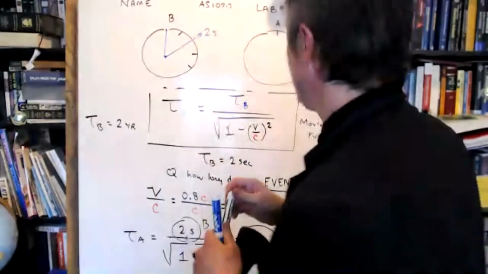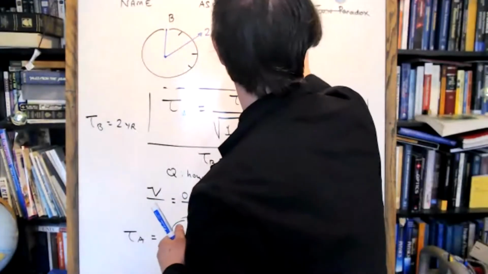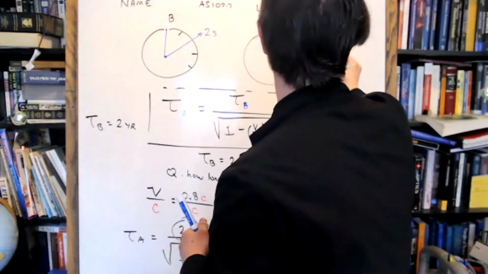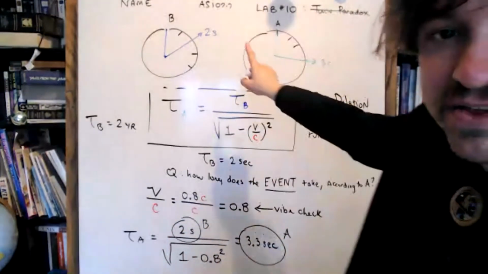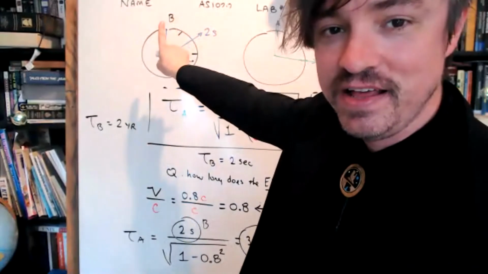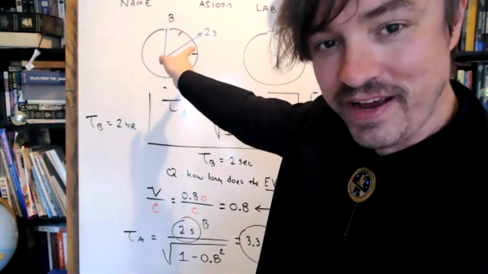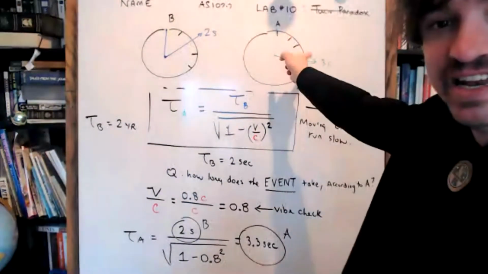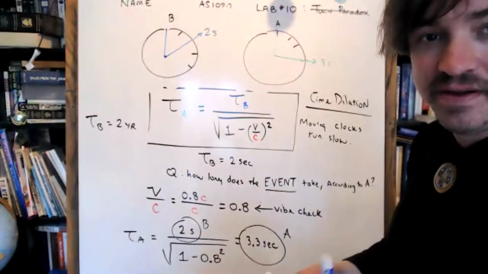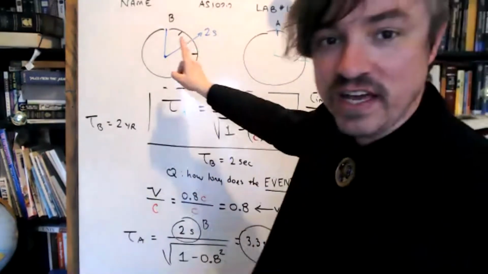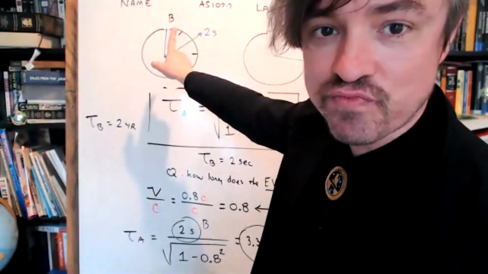Whereas for A's clock, the hand on the clock ran more like 3 seconds. So for the same event, the rate that the needle is twisting is slower in B's frame than it is in A's frame. Pretty weird, right? Moving clocks, the B clock, time is running slower.